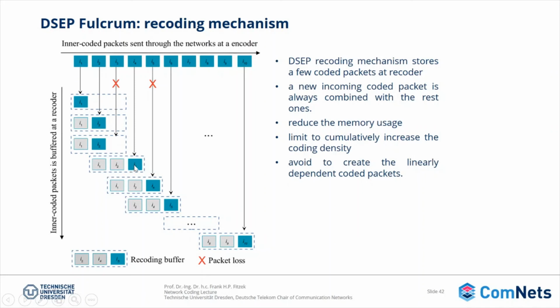If a new incoming coded packet is received at the recoder, it is stored in the buffer and always combined with another coded packet in the buffer to make sure that the new coded packet appears in the new recoded packet sent to the receiver.